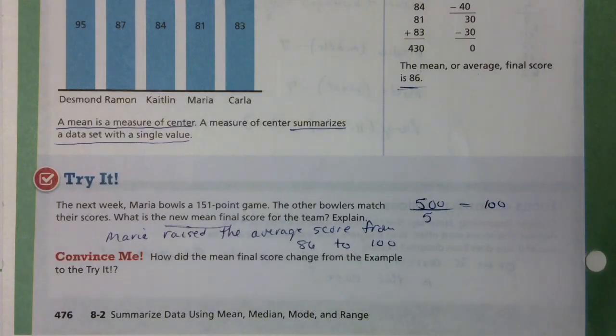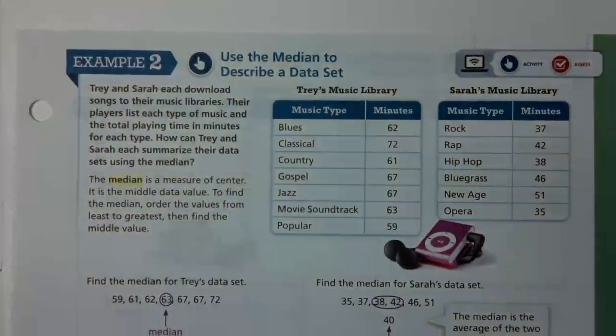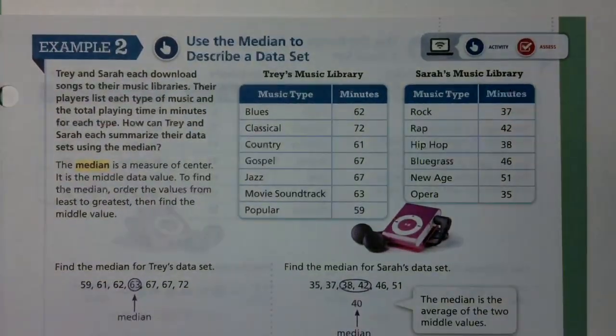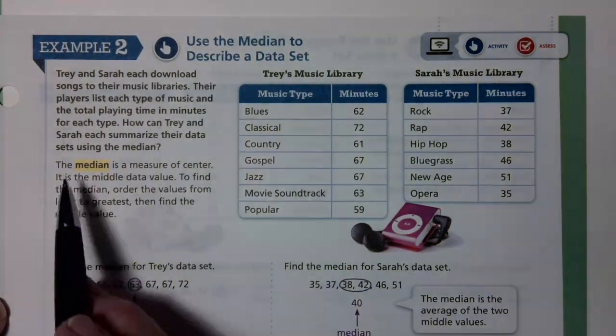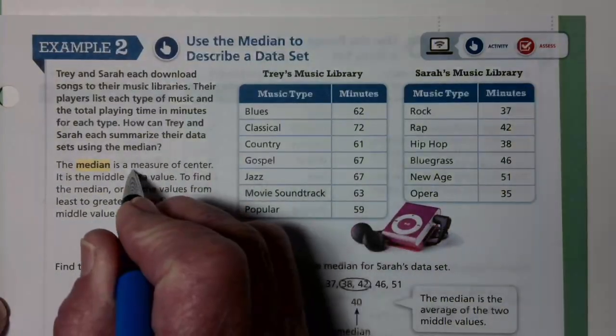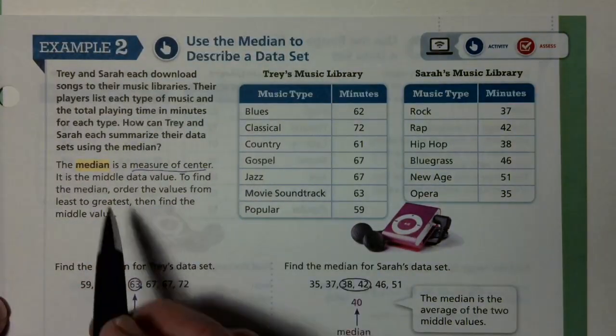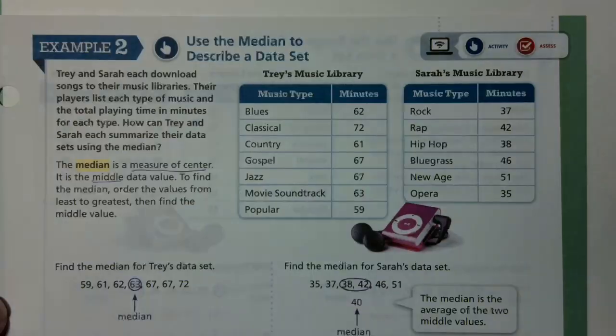All right, let's go to example number 2. Median. What did I tell you the median was a minute ago? Median means middle after you put them in order from least to greatest. So the median is also considered a measure of center. It's the middle data value.